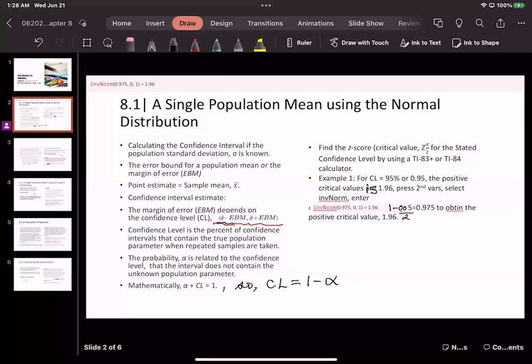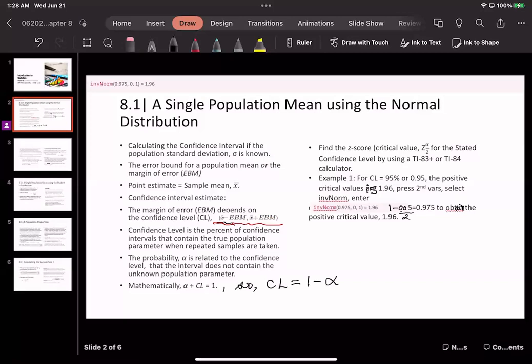That's how we get 0.975 to obtain the positive critical value as 1.96. The TI calculator can do it by using the inverse norm.